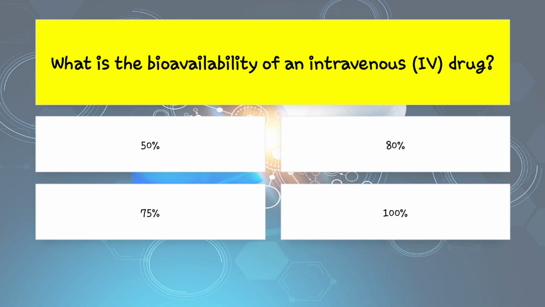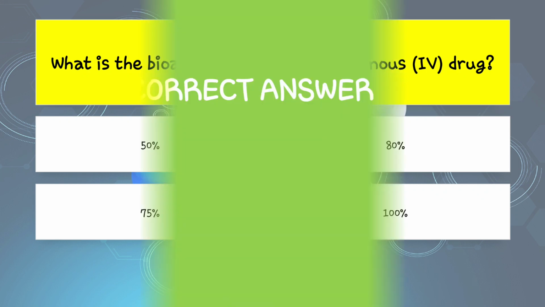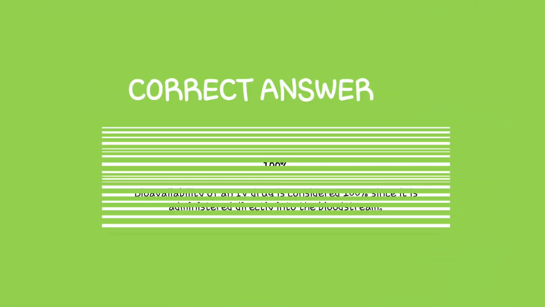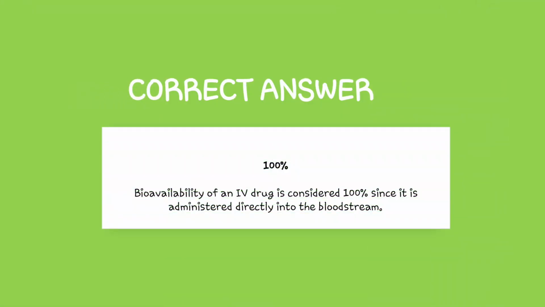Your time starts. Please stop. Time up. The correct answer for this question is 100%. So bioavailability of IV drug is considered 100% since it is administered directly into the bloodstream, right?